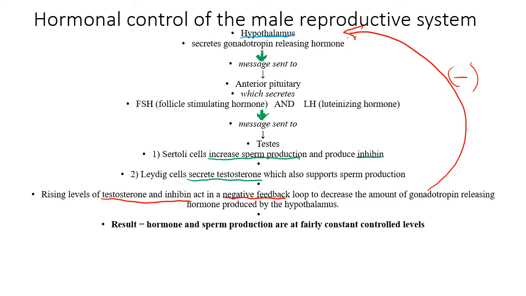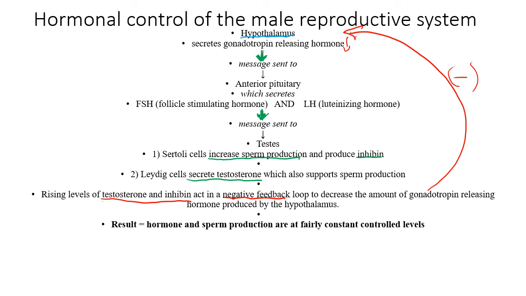And so we're going to decrease gonadotropin releasing hormone. That then slows down the production of FSH and LH, slows down the production of sperm cells, slows down the amount of inhibin and testosterone, and in a sense we start all over again.